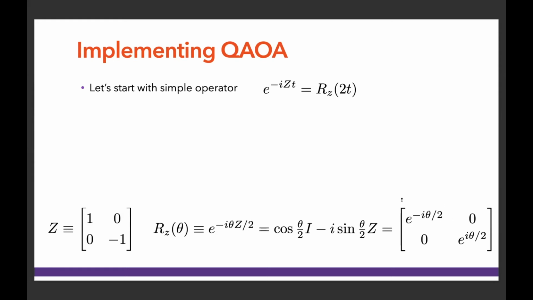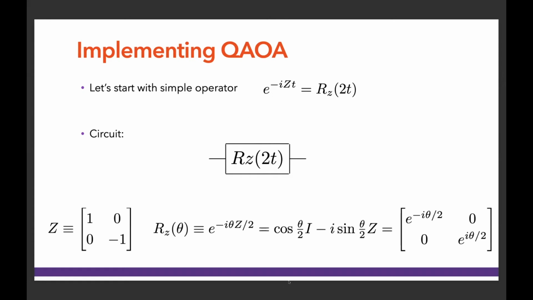This is because it's just a diagonal matrix. So having squinted at that definition, we quickly realize that our desired circuit is just one RZ gate. And so this one RZ gate implements this operator.